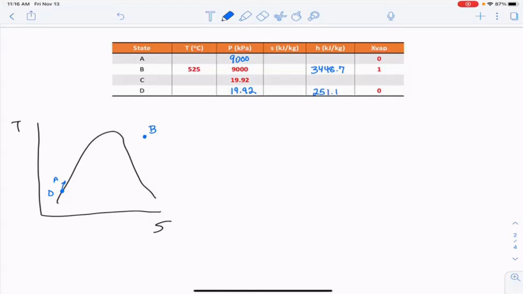Well, remember, for the pump, that the reversible adiabatic work, right? So we have delta H when delta S is equal to 0 equals the specific volume times the change in the pressure. And fortunately, we already calculated that, right?